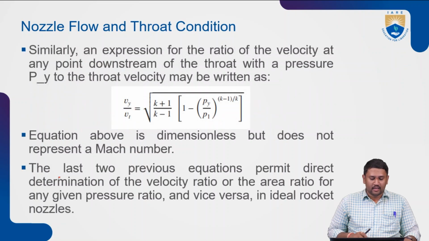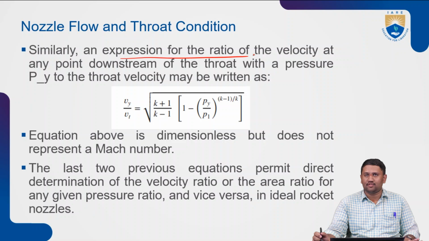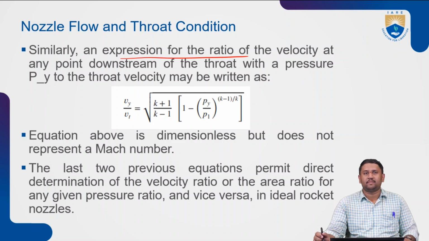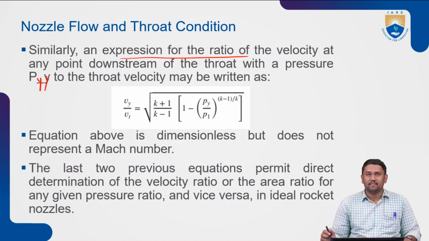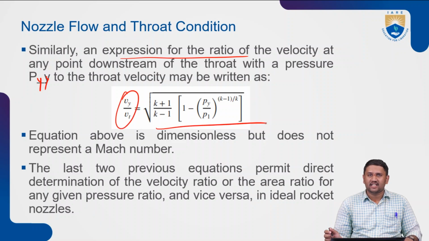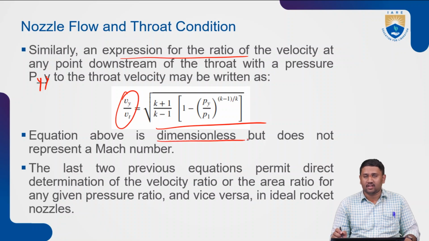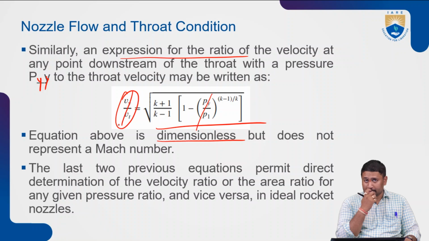Now, similarly, the expression for the ratio of velocity at any point downstream of the throat with a pressure Py, and the throat, can be written in terms of this equation. The equation above is dimensionless because pressure cancels as well as the velocity cancels.